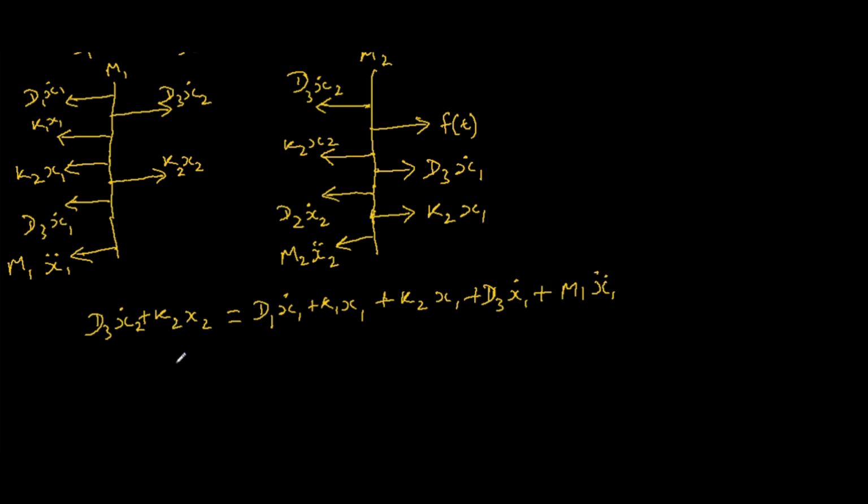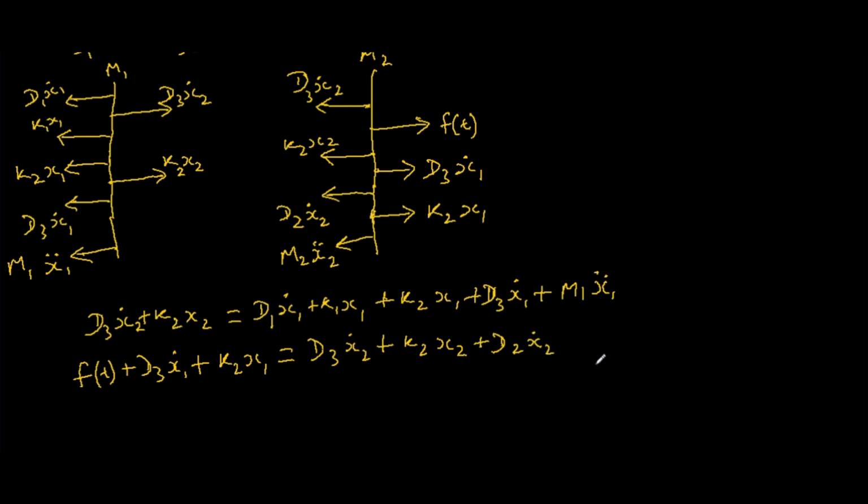For the second equation, we have f of t plus d3 x1 dot plus k2 x1 is equal to d3 x2 dot plus k2 x2 plus d2 x2 dot plus m2 x2 dot dot.